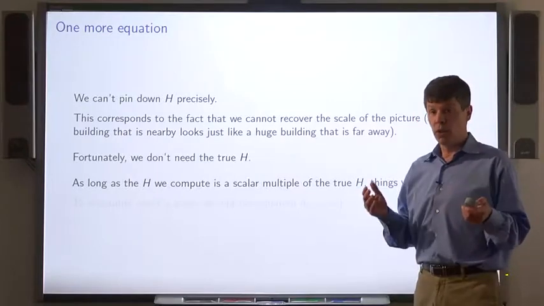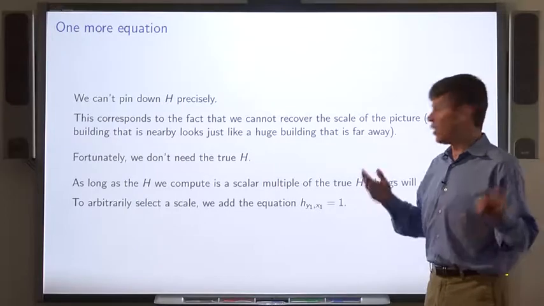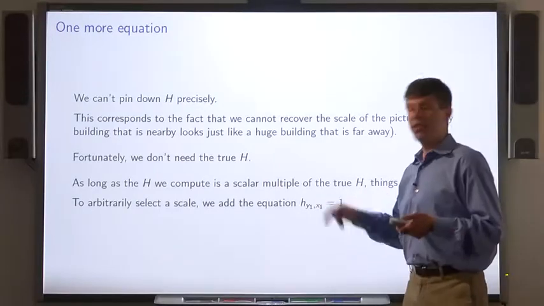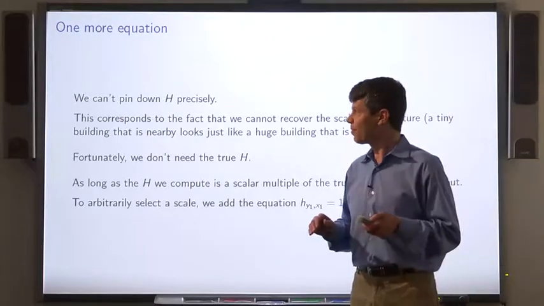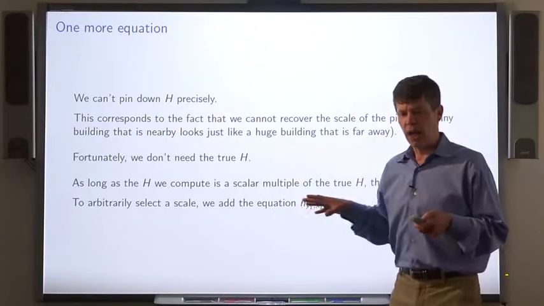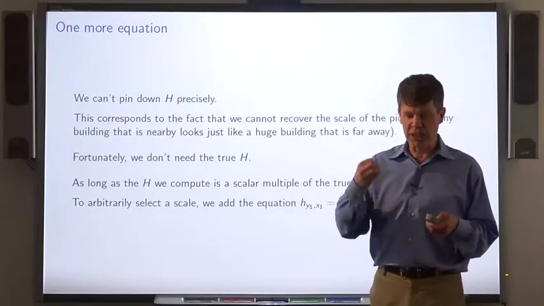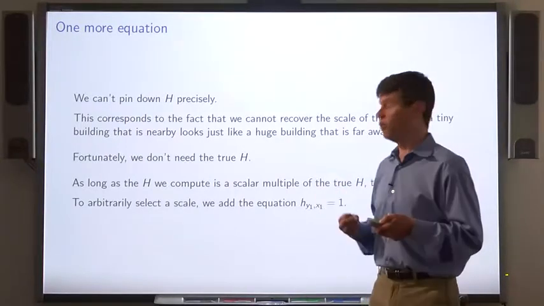So in order to pin down some H, we just add an equation. We specify that one of the entries is 1, and that should work out okay. Again, the math is fairly confusing.